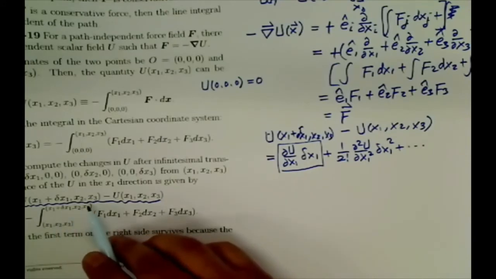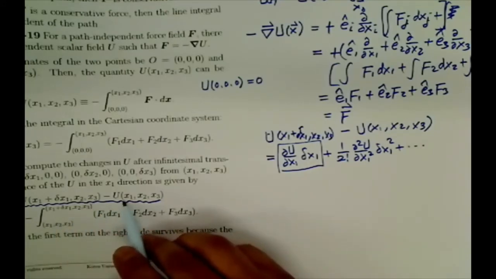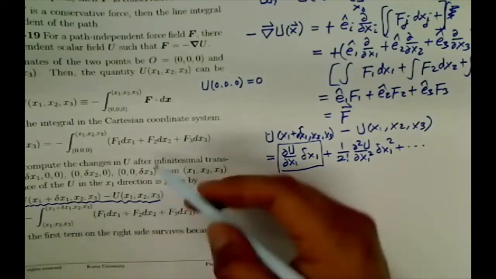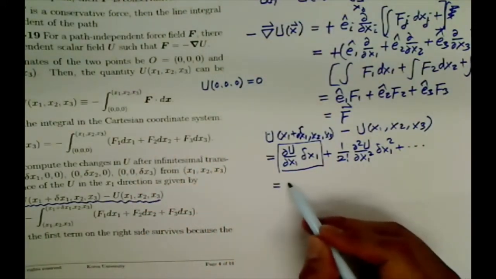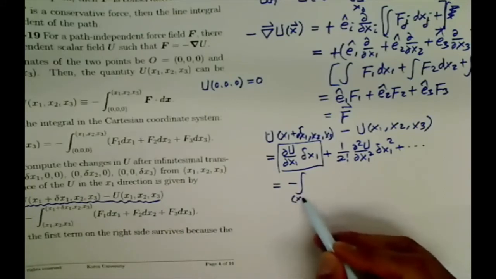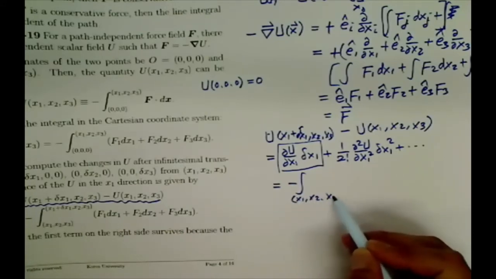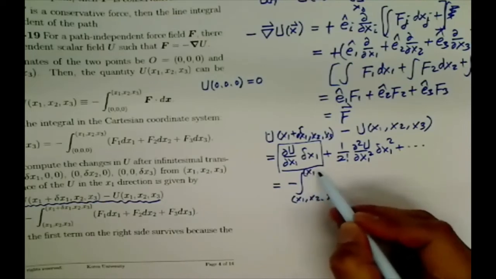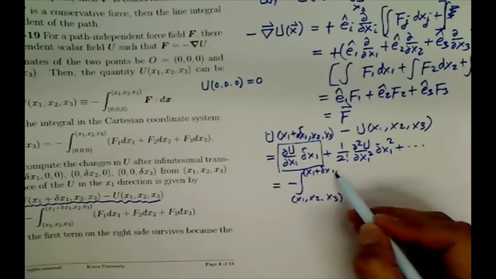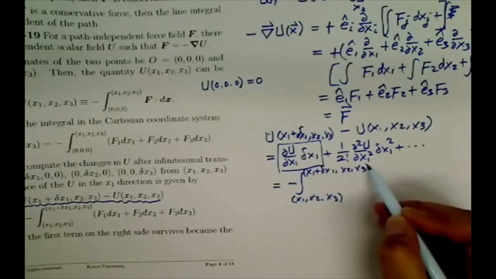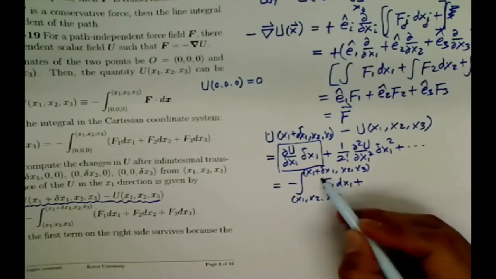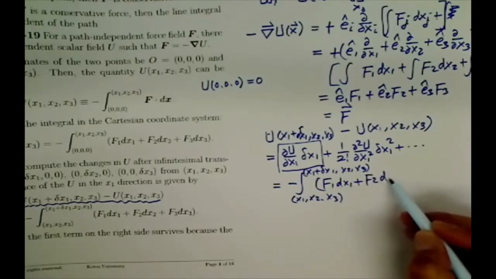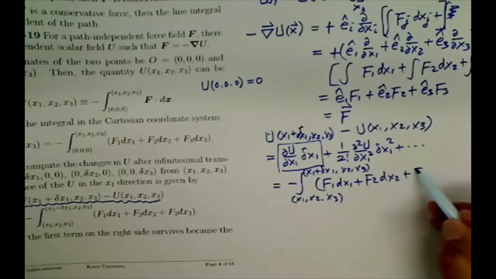So what we want to do is evaluate this integral using the right-hand side. That means from x1, x2, x3 to x1 plus delta x1, x2, x3, of F1 dx1 plus F2 dx2 plus F3 dx3.